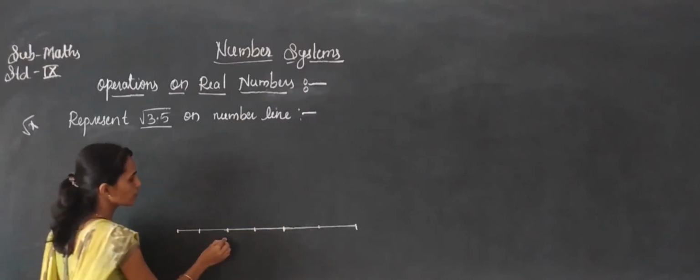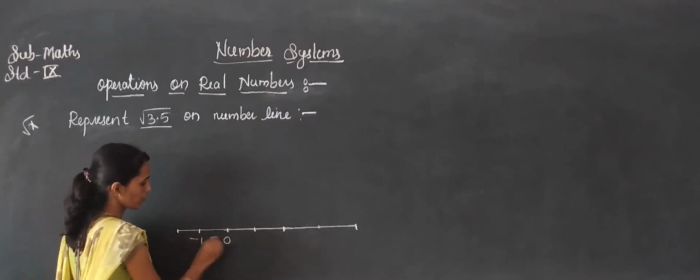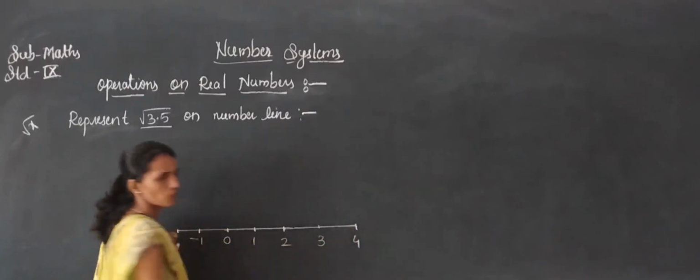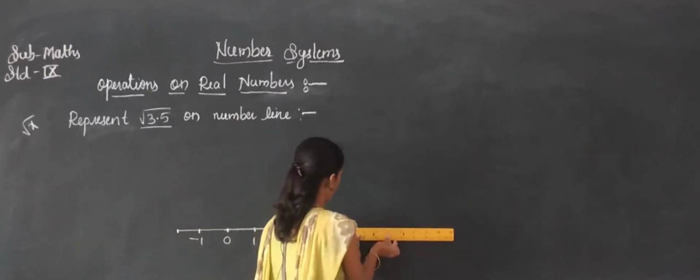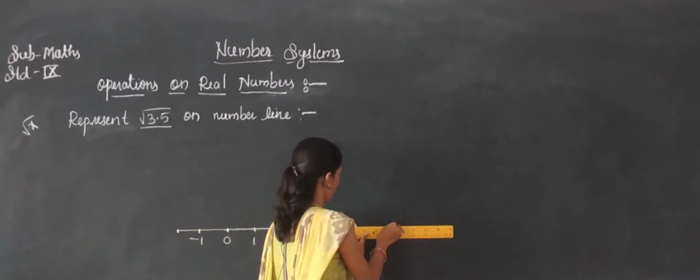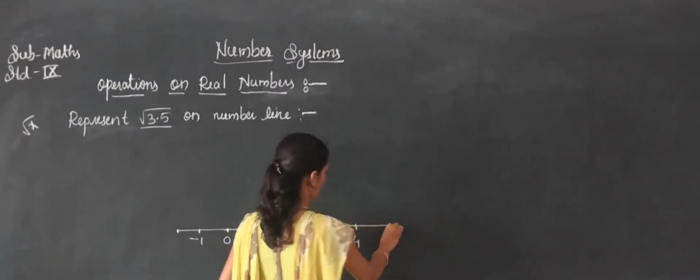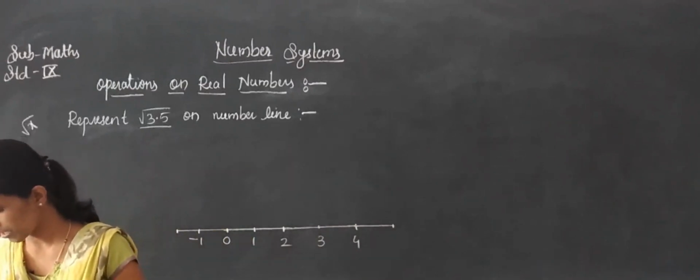If you consider this as 0, the other side will become negative numbers 1, 2, 3, 4, and so on. Okay. So enough of this much. So then how to represent root x on the number line?